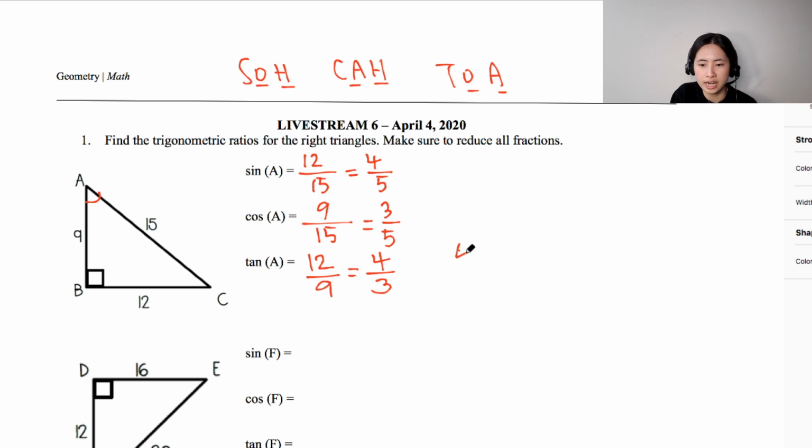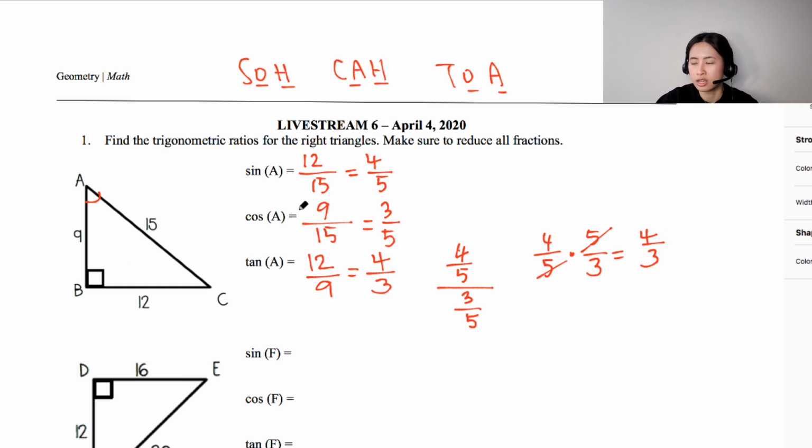So if you have sine, you would have 4 over 5. So this is going to be divided by 3 over 5 because that's from cosine. And as you can see, we need to multiply 4 over 5 with the reciprocal of 3 over 5, which is 5 over 3. So we would have 4 over 5 times 5 over 3. We can cancel out 5, and we see that this is 4 over 3, and this is tangent A, which is 4 over 3. Okay, great.